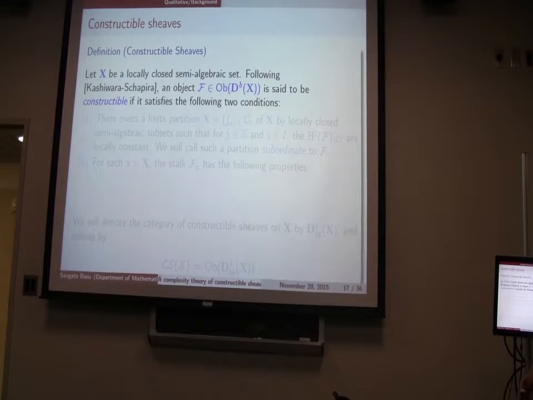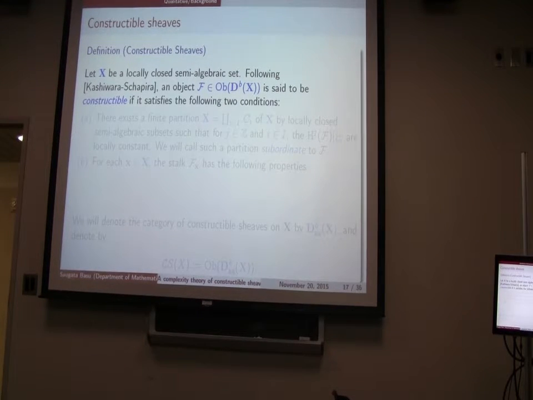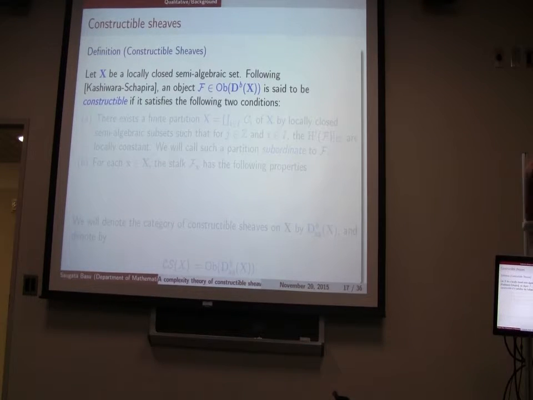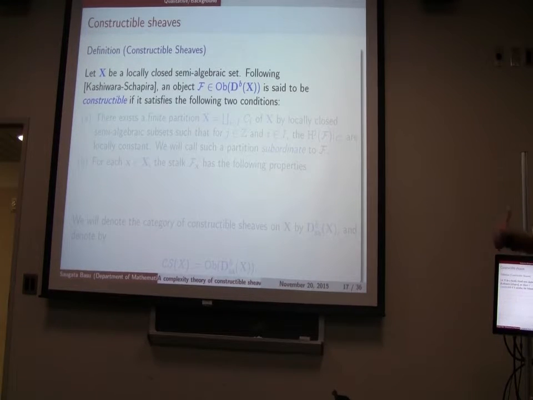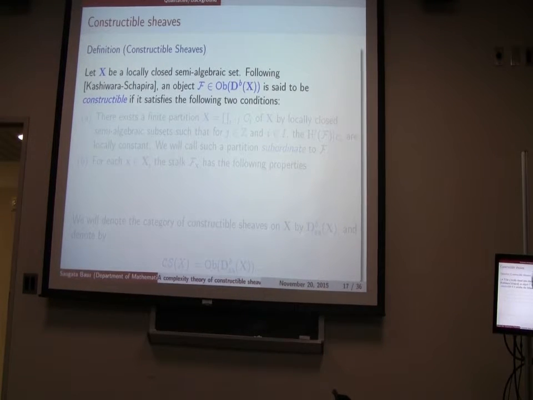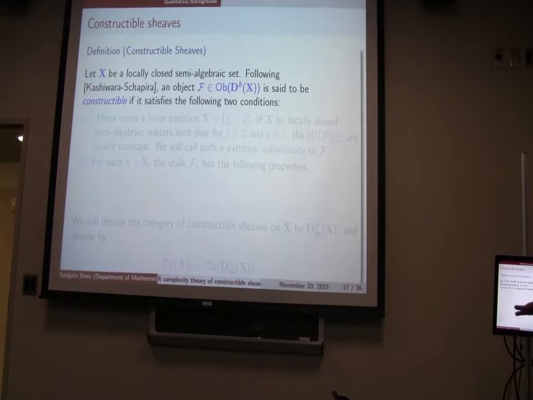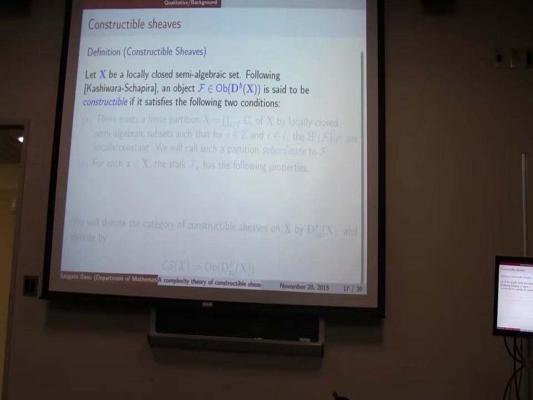You can define these objects not necessarily constructible with respect to semi-algebraic partitions, but in the more general category of O-minimal structures, but we will restrict ourselves to semi-algebraic sets.